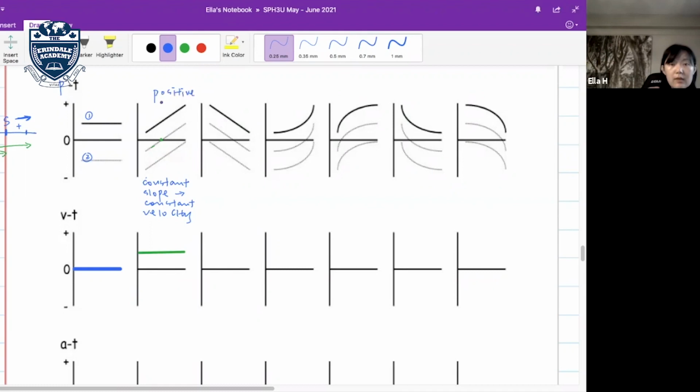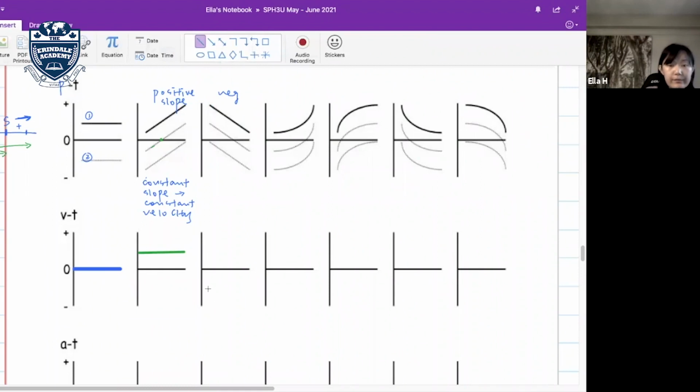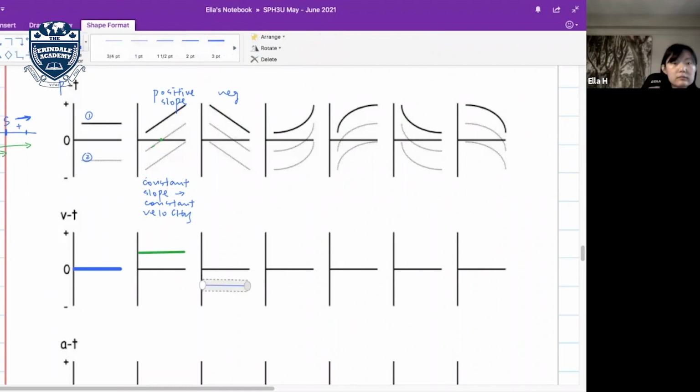This one is positive slope, but this one is negative slope. So the velocity is below 0. Yeah, so the velocity is going to be negative. So I should have my curve somewhere over here.